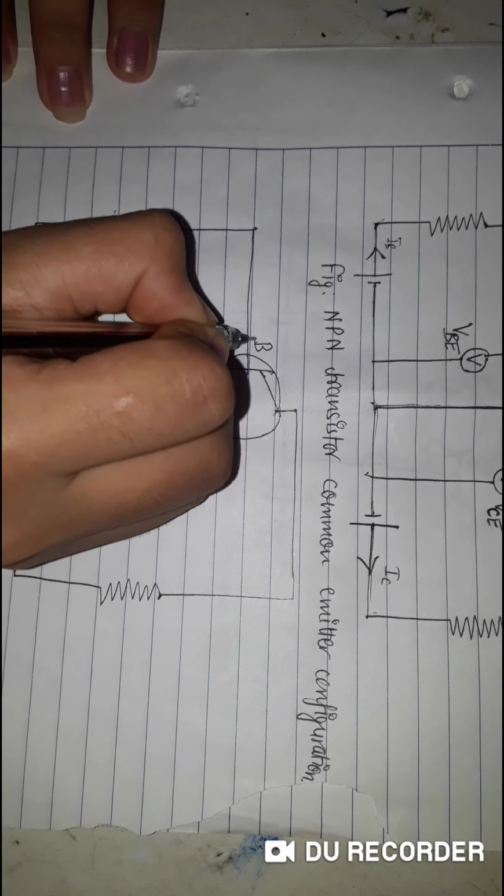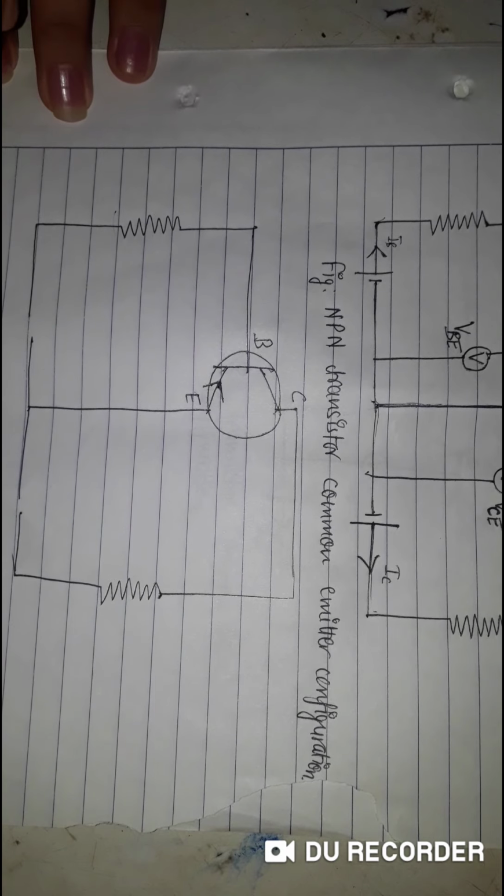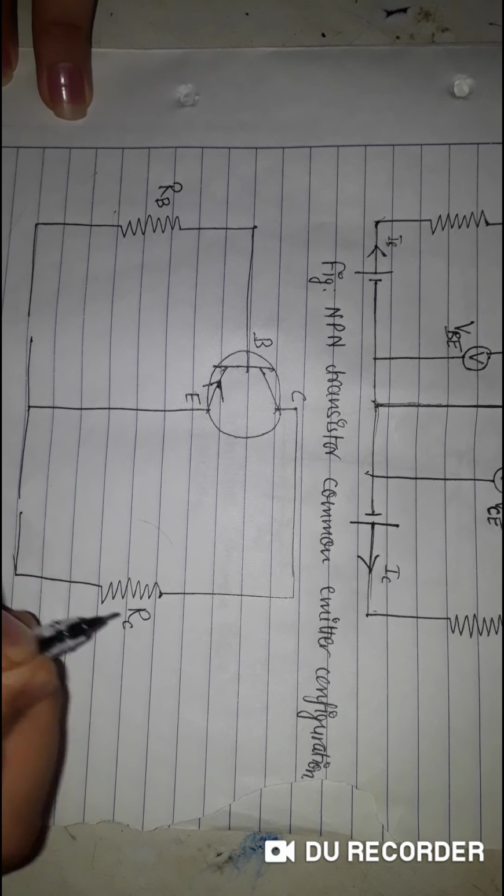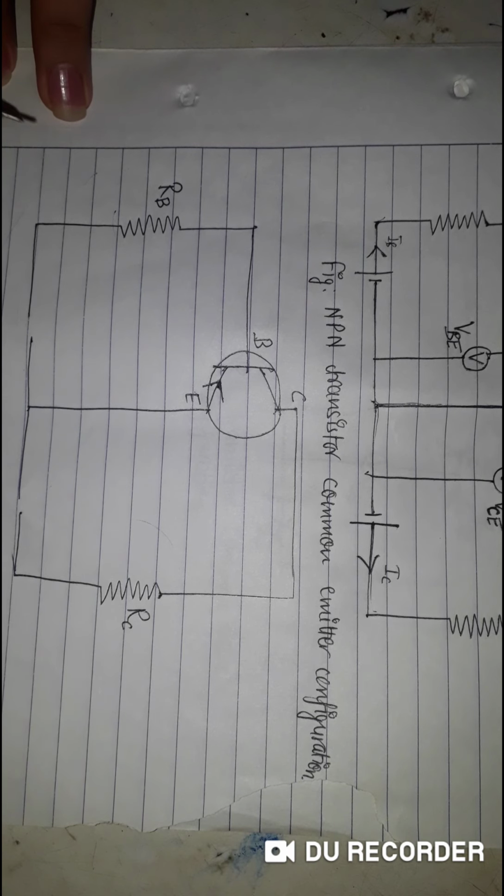So this is the emitter, of course, the base is always in the middle, so this is the base, and here is the collector. Now this resistor, because it belongs to the base area, can be represented as RB, and this resistor belongs to the collector area, so it should be labeled as RC.